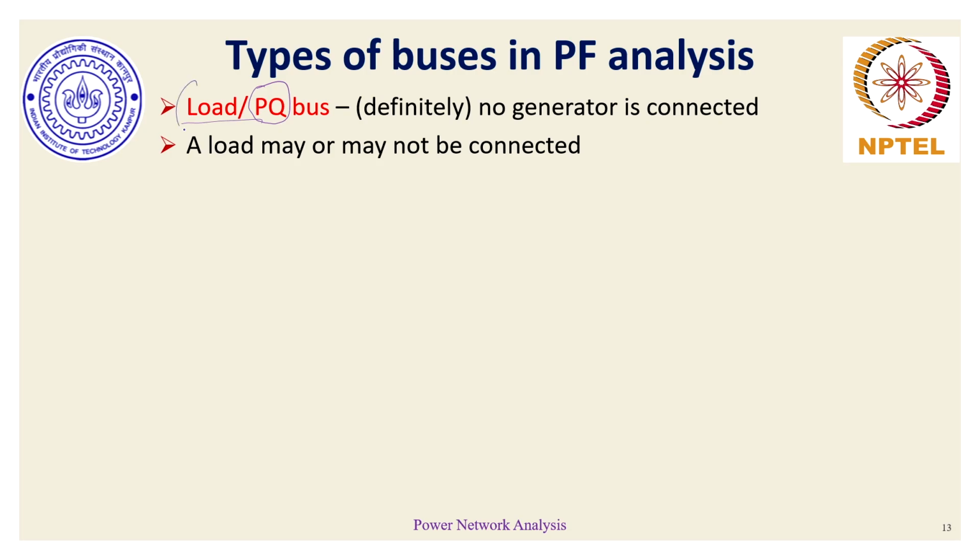The explanation for a load bus, I think, is pretty evident. It only has a load connected to it. The load itself could be zero. There is no generator connected to such a bus. Once the load bus type is known, PDI and QDI are known from load forecasting.